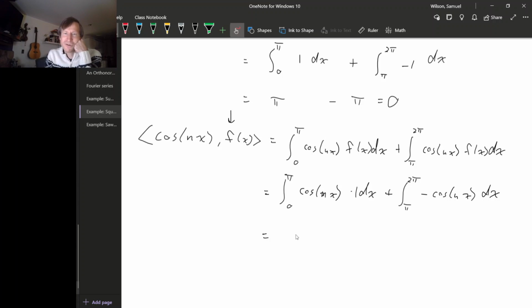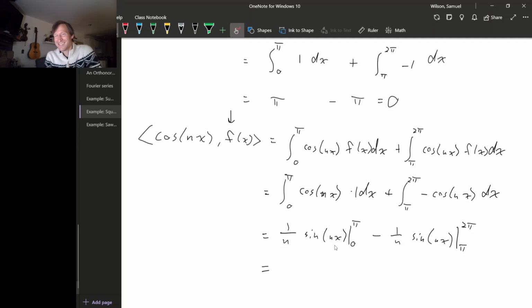The integral of cosine nx is going to be 1 over n sine nx from 0 to pi, and then minus 1 over n sine nx from pi to 2 pi. But at 0, pi, and 2 pi, sine nx is always 0. So all of these things just turn out to be 0. So this square wave actually doesn't have any components for any of these basis vectors either.